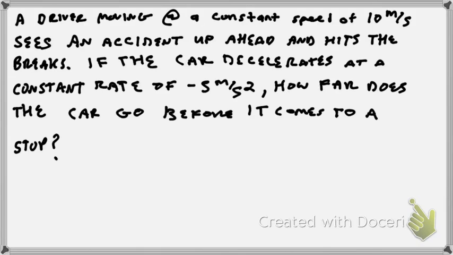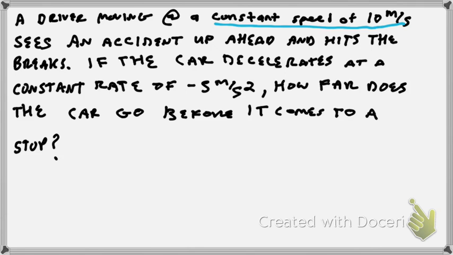Or this practice problem. A driver is moving. Let me go ahead and change this. A driver moving at a constant speed of 10 meters per second sees an accident up ahead and hits the brakes.